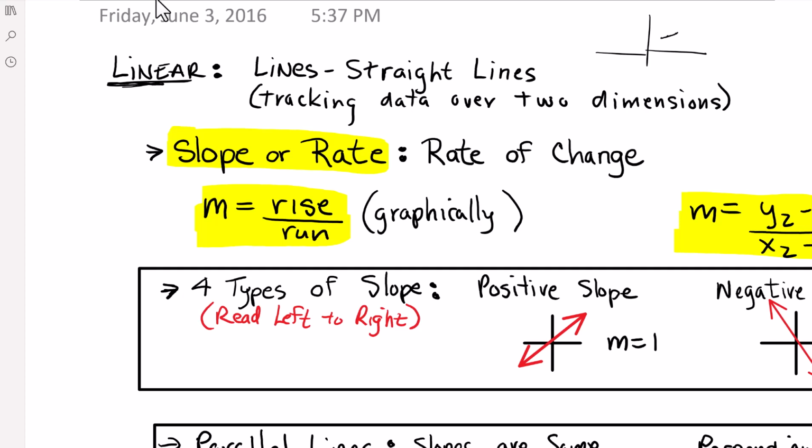The slope is also referred to as the rate of change, or sometimes just the rate. Here's one way to look at it, the rise over run. So if you've got a slope here, I'm in a point here, how far do you go up? That's the rise. How far you go over to the right, that's the run.